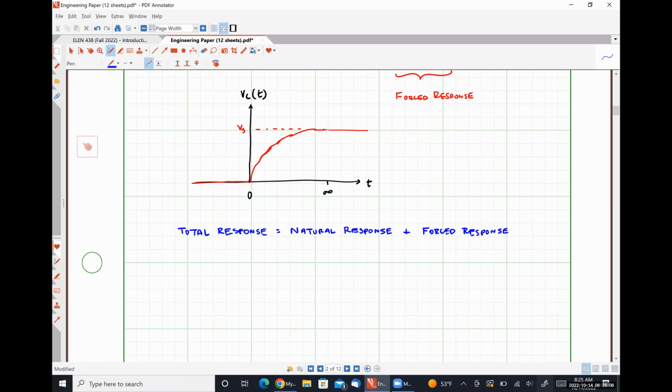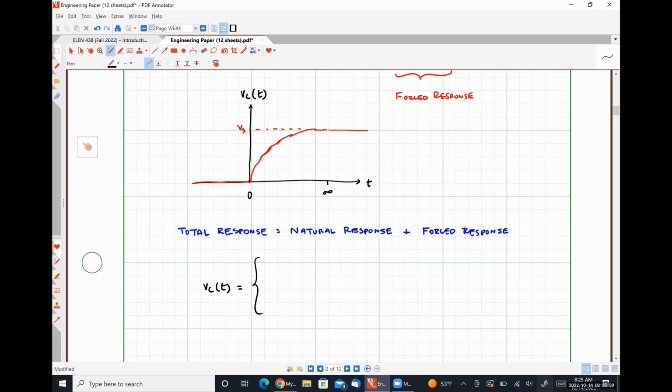Okay. Mathematically, we could describe this for this particular capacitor as VC as a function of time is equal to, and so I'm going to ask you guys to not write things down just yet because I'm intentionally making a mistake here. Okay.